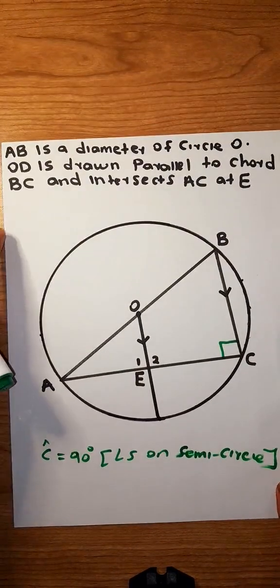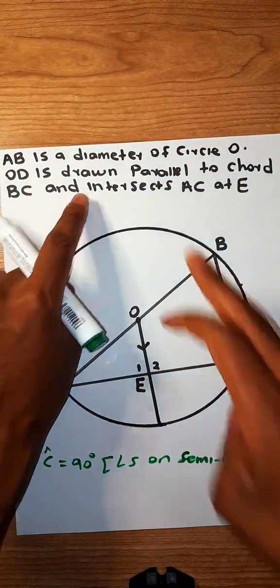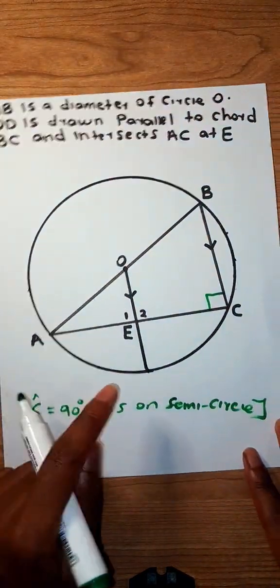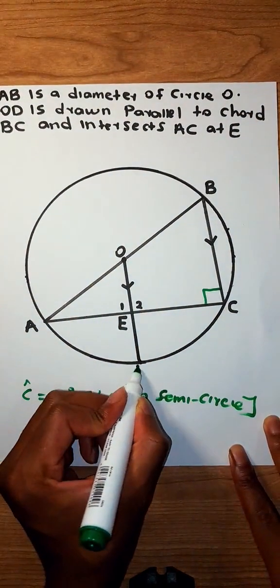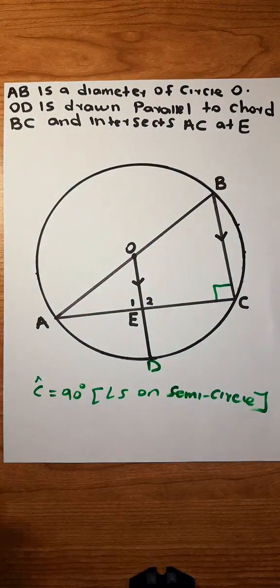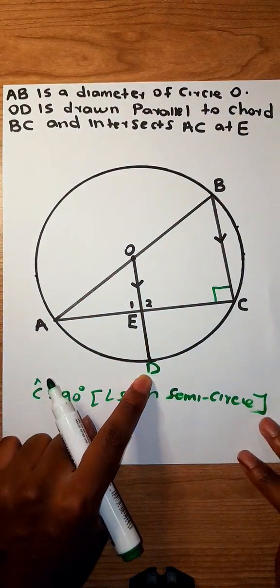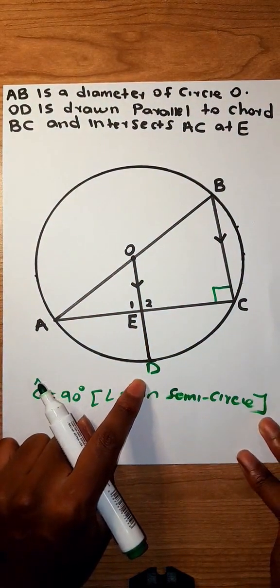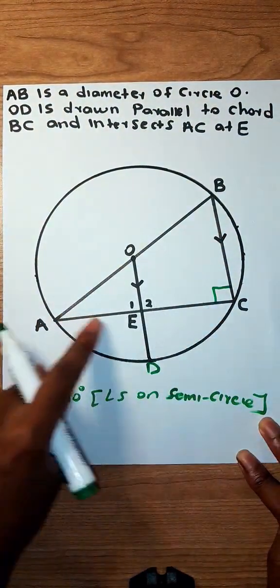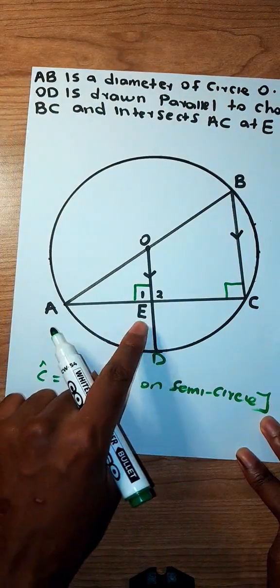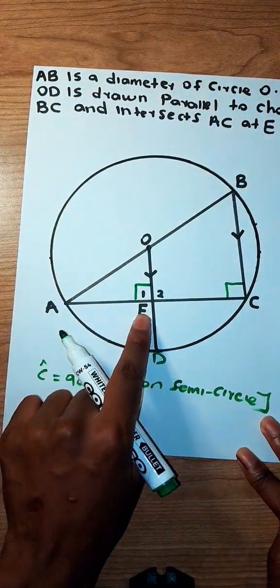Now they say OD is drawn parallel to chord BC. So they're telling us that OD is parallel to BC. What do we know about parallel lines? We know that we are going to get an F shape, and we know that E1 is also going to equal 90 degrees.